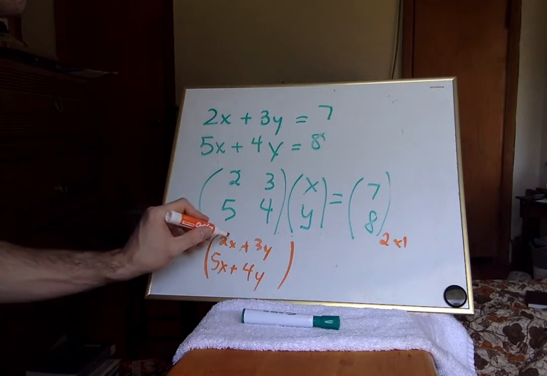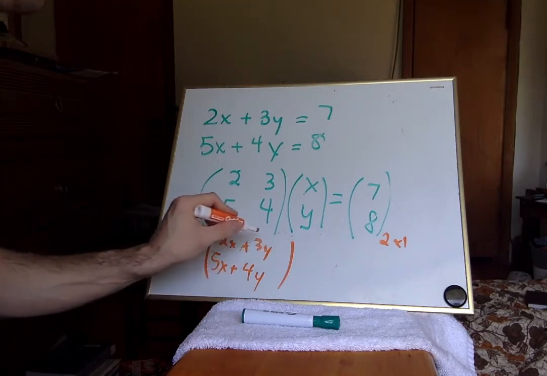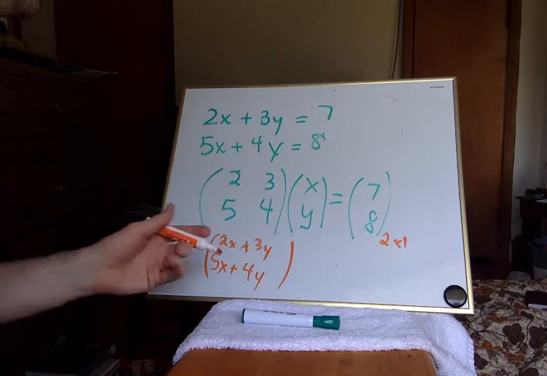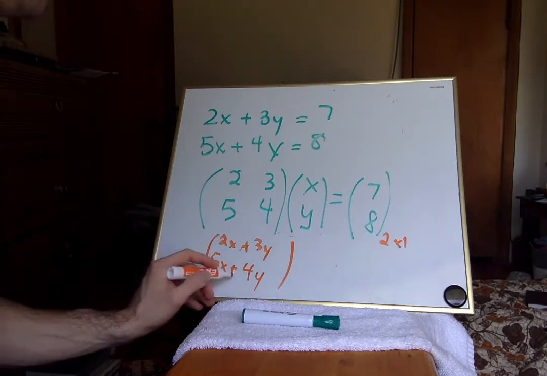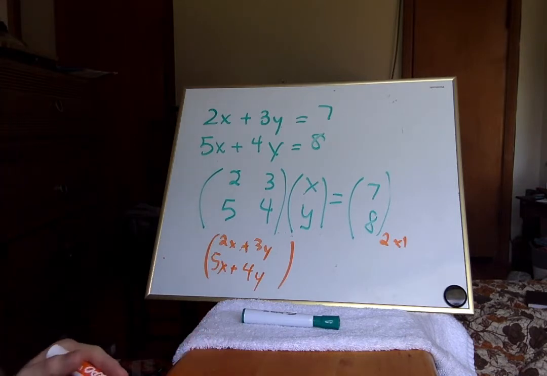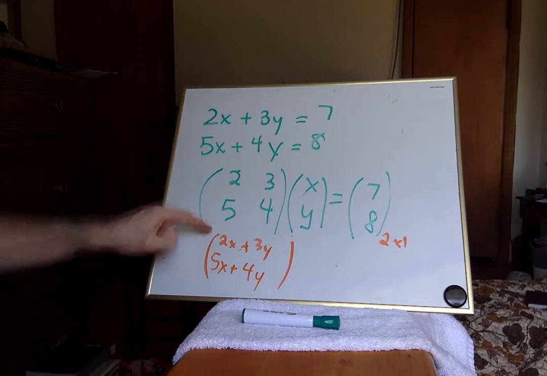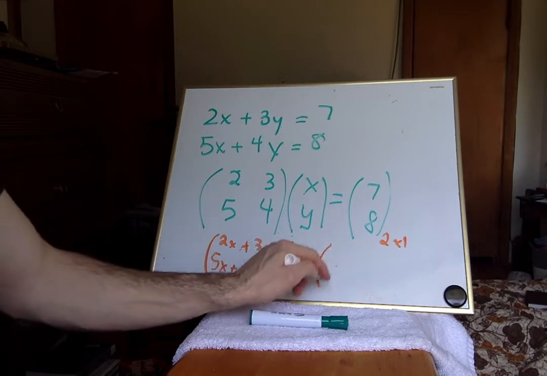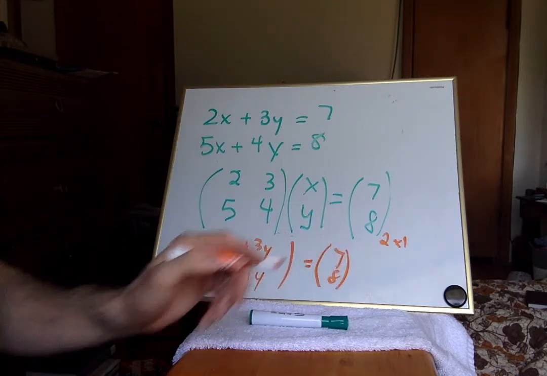Okay, so this whole thing up here, 2x plus 3y, that's exactly one number, okay? And the bottom part, 5x plus 4y, that's also one number. So basically what we have going on here is a 2 by 1 matrix. And I'm claiming that it's equal to 7, 8.